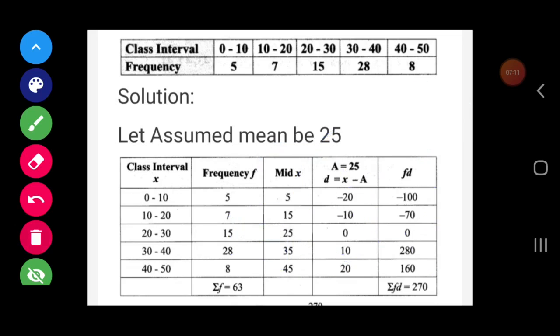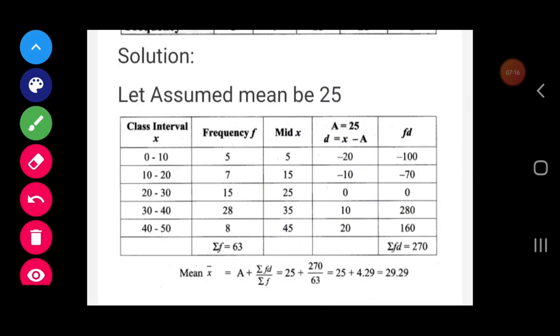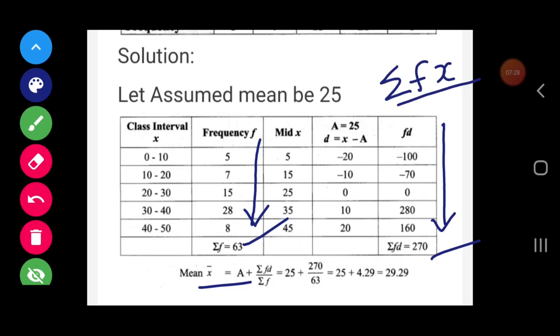Now we need to find the summation of fd and summation of f. Summation of f is 63, and summation of fd is 270. Generally the formula is summation of fx divided by summation of f. When the assumed mean method is applied, we need to add the assumed value, and x is changed to d.